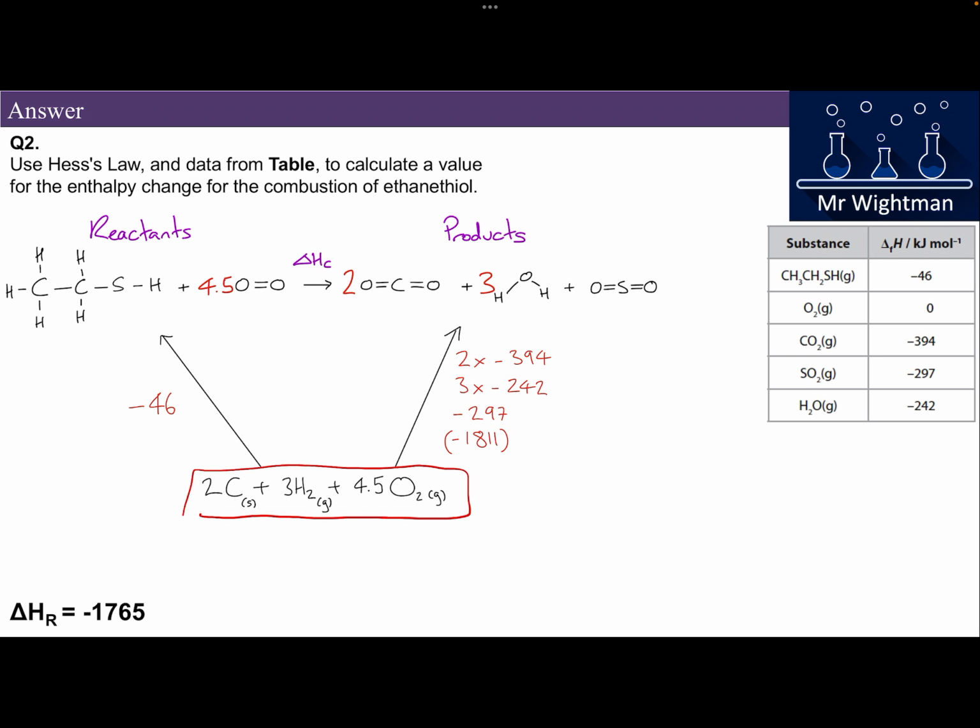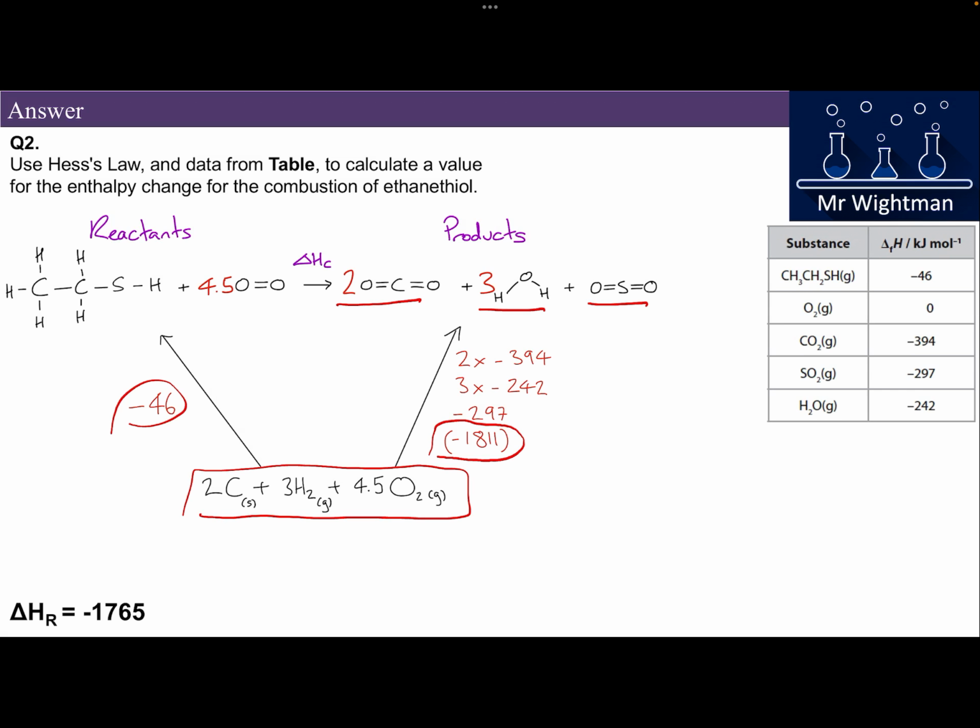So forming my reactants would be minus 46, and forming my products would be a total of minus 1811, because there are 2 lots of CO2, 3 lots of water, and 1 lot of SO2. So that's why it's 2 times minus 394, and 3 times minus 242, and 1 lot of minus 297.